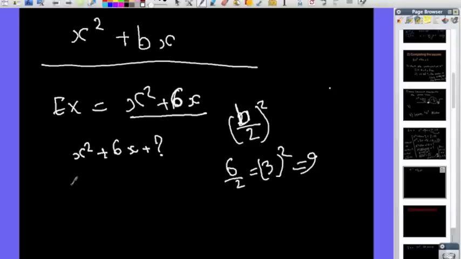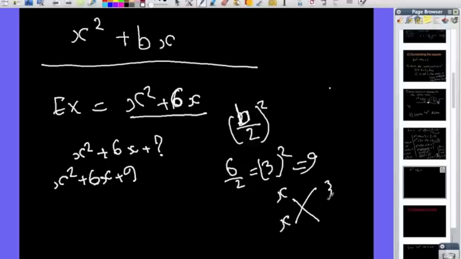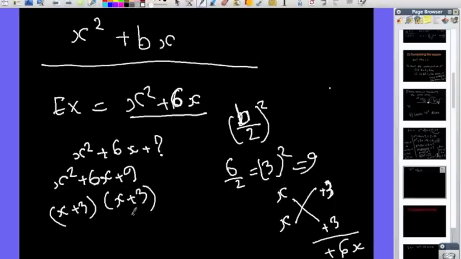So it would be x squared plus 6x plus 9, where if you do the cross multiplication you will see that it's an x, 3, plus 6x, so this would be plus and this would be plus. So here we would have x plus 3 and x plus 3, so we would have x plus 3 squared. That's it, pretty much like the last one, except that you don't have the equal to 0 on this side, so you don't have to solve it out till the very end step.